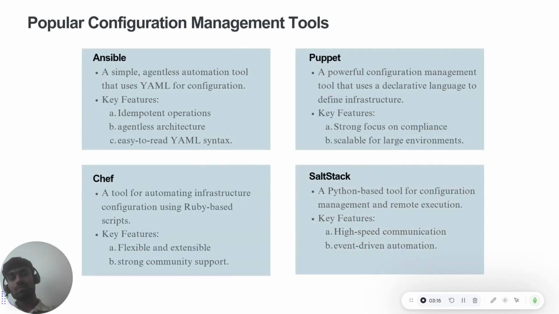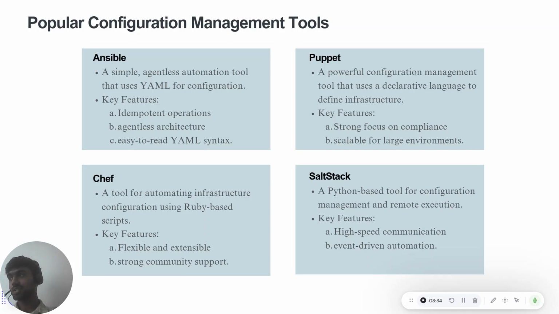There are some popular tools under configuration management. Under that we have these four tools which are quite popular. Ansible is a simple agentless automation tool which uses YAML language.